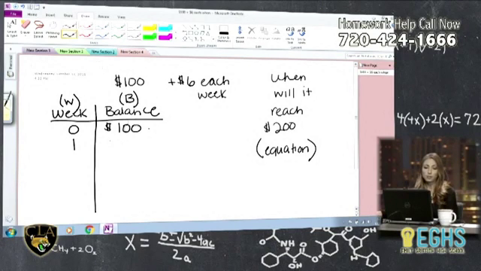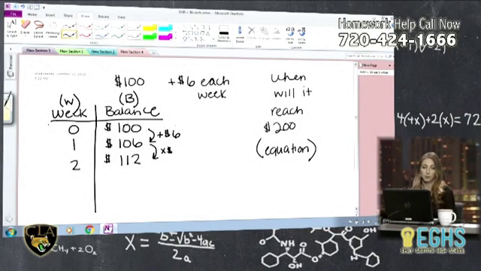At week 1, he has $106 because we're adding $6 to his account each week. Week 2, he has $112, because again we're adding $6 each week.